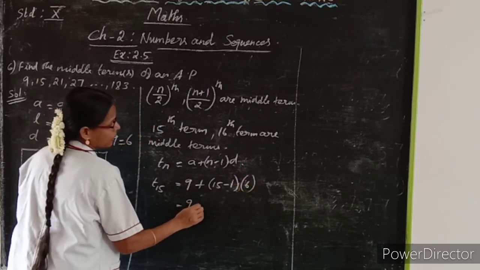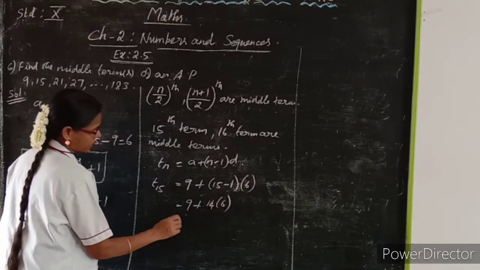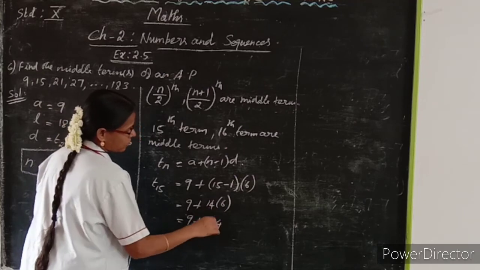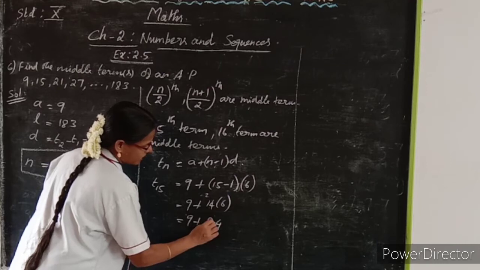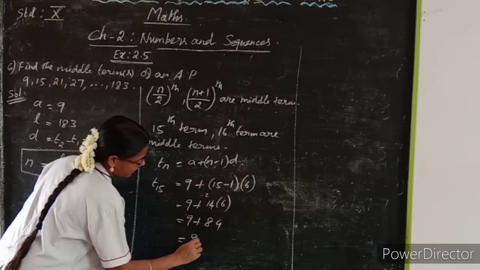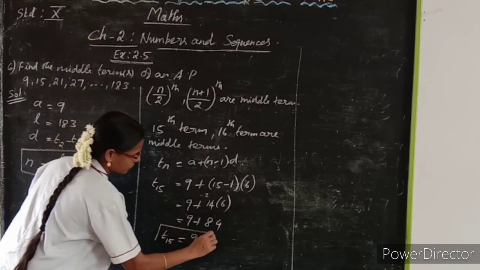So 9 plus 14 into 6. 6 fours are 24, carry 2, 6 ones are 6, 6 plus 2 is 8. 84 plus 9 is 93. This is the 15th term.